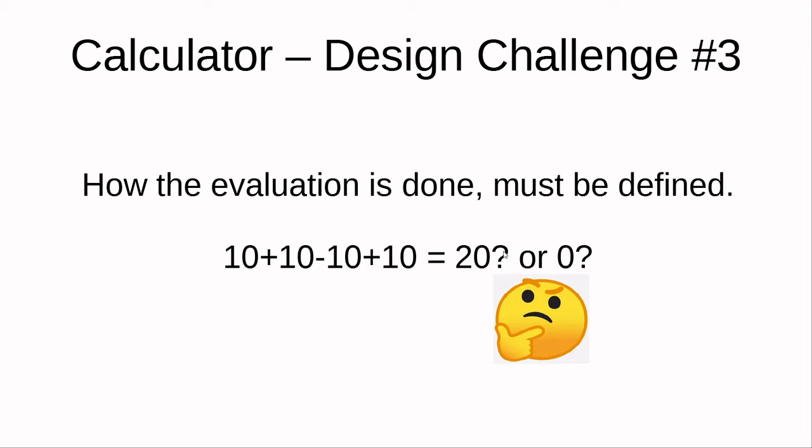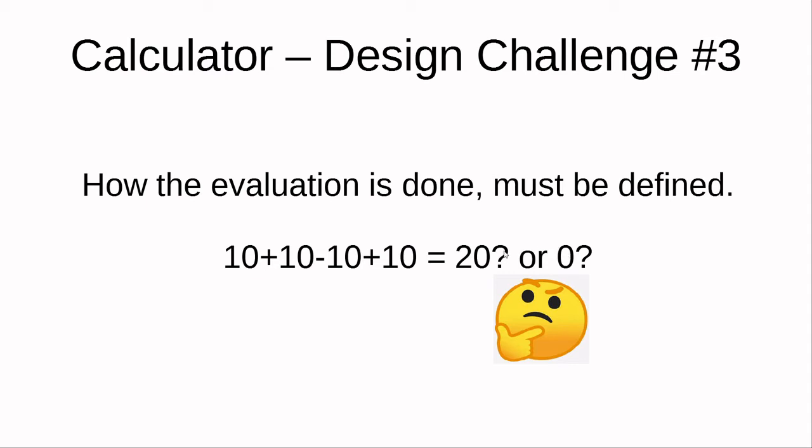So what I mean here is that it isn't sufficient that an expression can be evaluated to yield some mathematically correct answer. For example, we have here 10 plus 10 minus 10 plus 10. And the answer could be 20. And I suspect the overwhelming majority of you all would agree on 20. Or it could be 0.